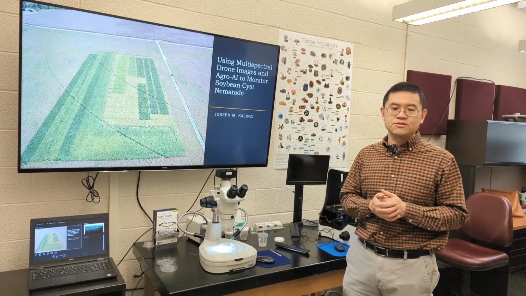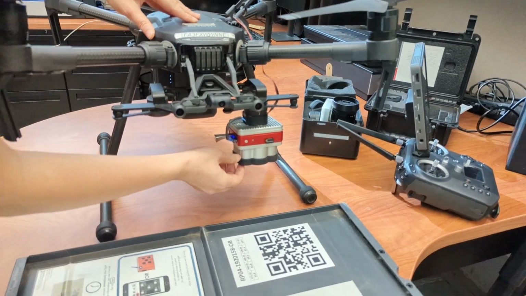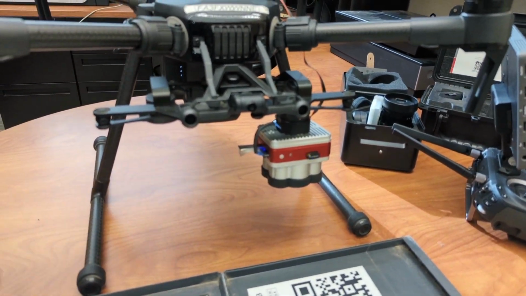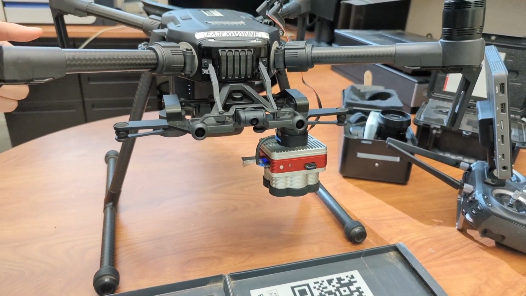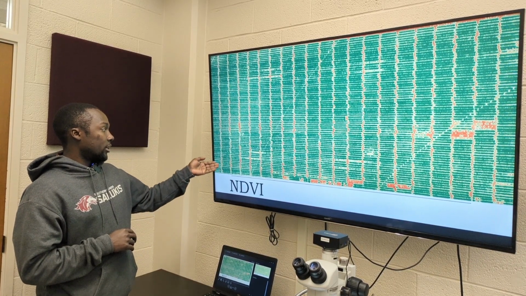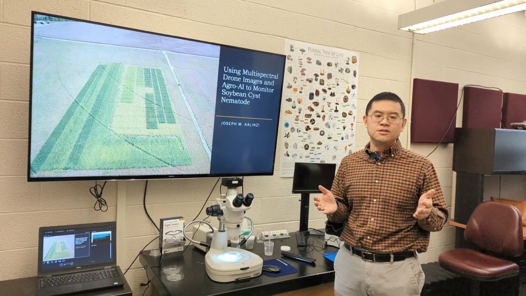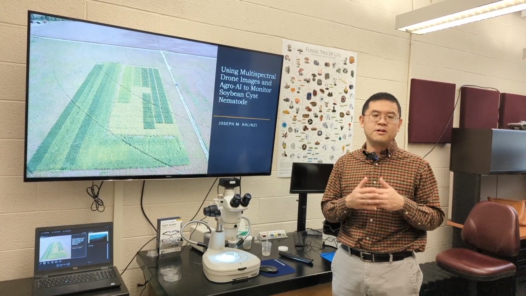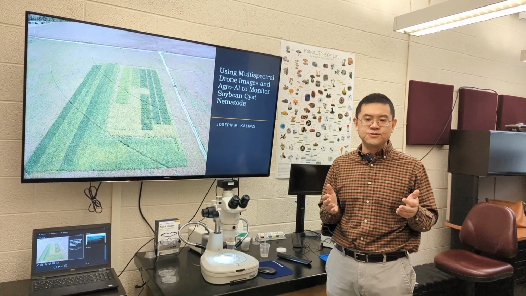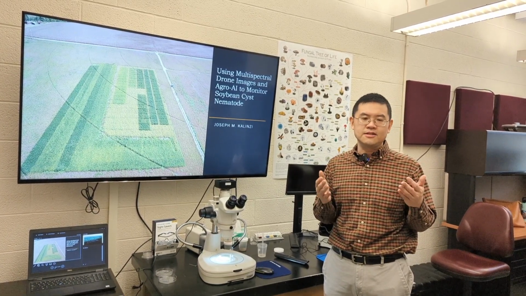Our research idea is that we can use the drones to take many snapshots over the different plant periods and understand how the plant may respond to differential infestation levels of nematodes. Essentially my research group is responsible for collecting the drone images in the field, processing those images, and then doing the data analysis.